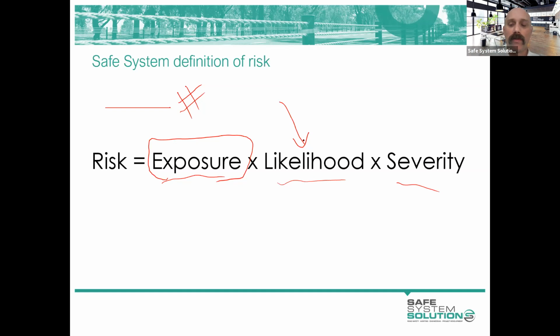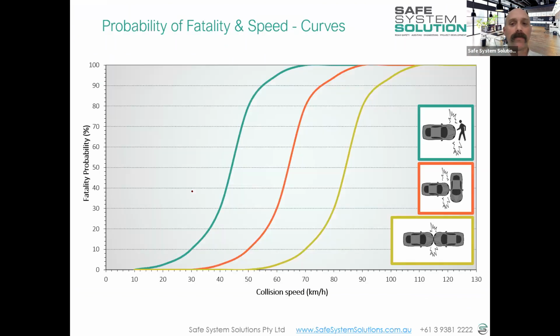The severity, we've given those graphs and assistance for you to be able to do that. So we've given these graphs, which are simplified versions of what we know at a very broad level of the different crash types: pedestrian and cyclists, right angle crashes and head-on crashes.